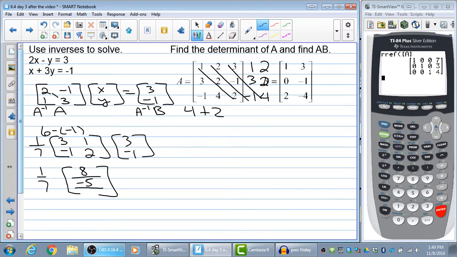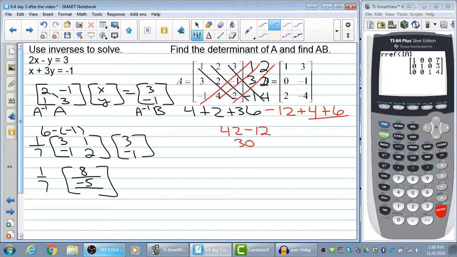Plus 2, plus 36. And then we have to minus. So minus 12, minus negative 4, that's plus 4, and minus negative 6, that's plus 6. So I got 42 minus 12, that's going to be 30, plus another 10, 40.